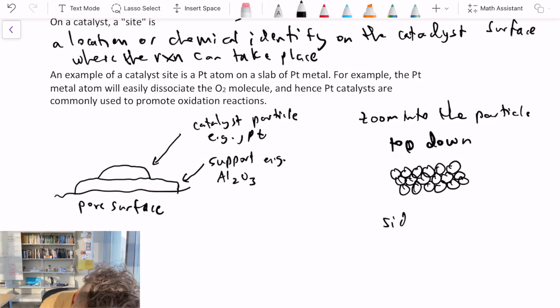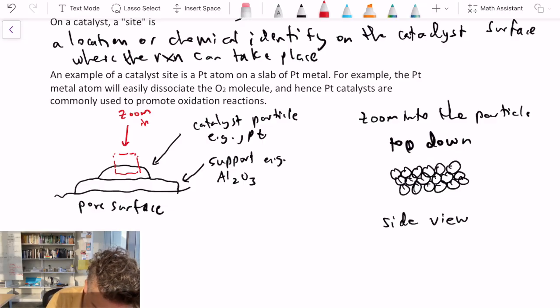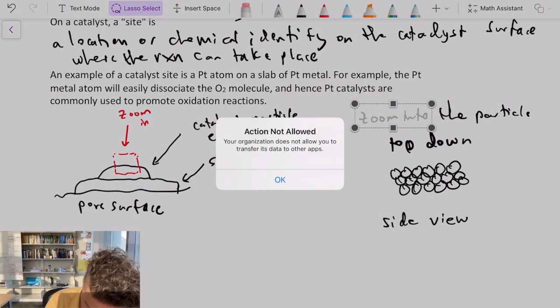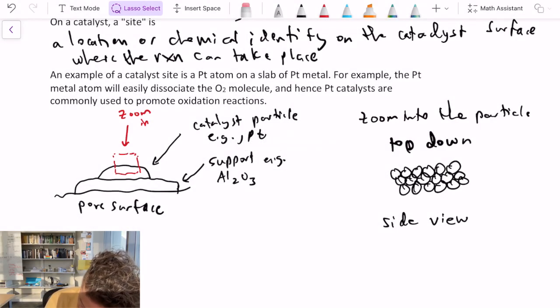And if we look at the side, it probably looks about the same, but I'll make them distinct in just a second.